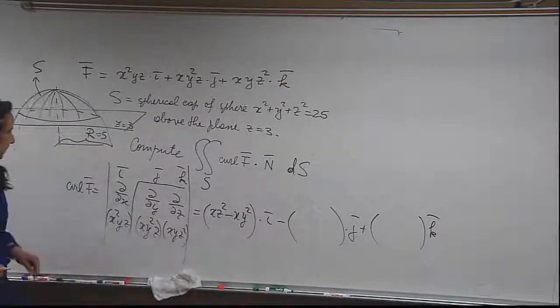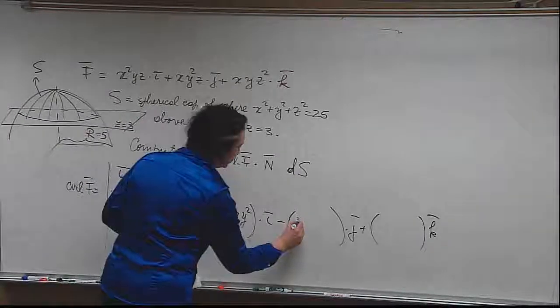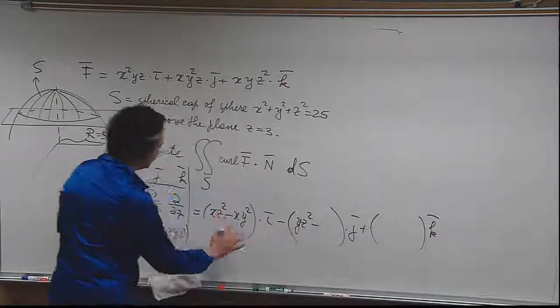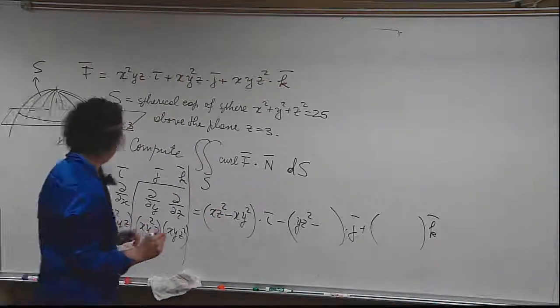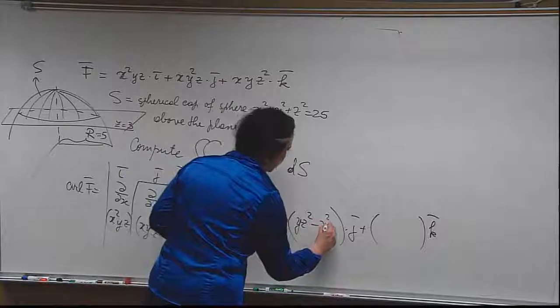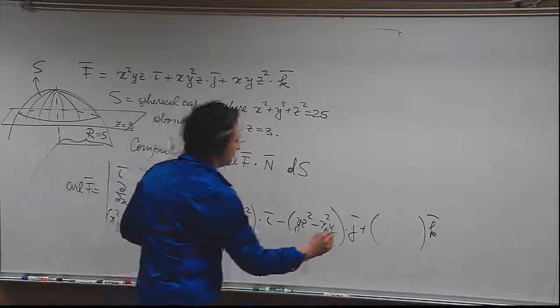Next guy. What do we have? Who tells me? It's sort of symmetric, but not really. y squared z. Good. It's symmetric in a way. x squared y. Right, guys? Are you with me? And for the k, you have y squared z.